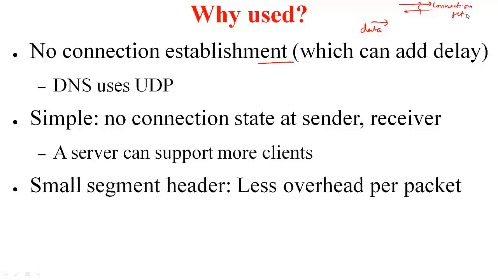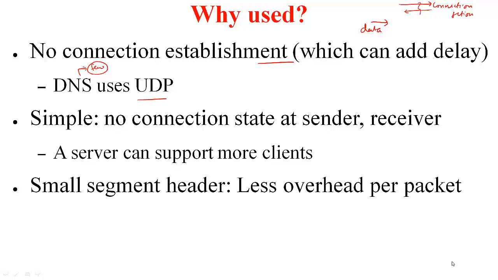When you don't have any connection establishment, as in UDP, you can save on time. For example, DNS uses UDP because the DNS packets are very few. Just to send a few packets, you don't want to send additional packets to establish a connection. That will increase the DNS response time.